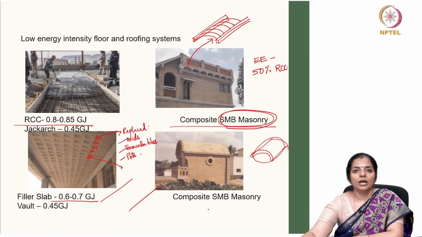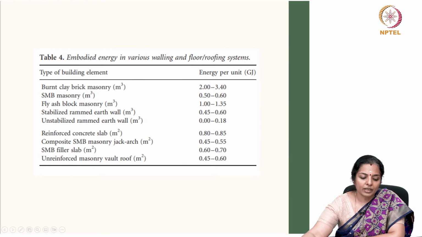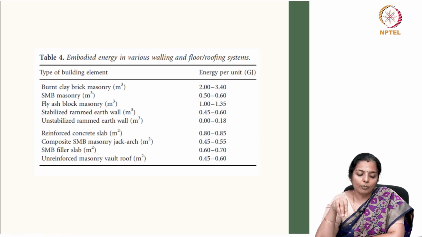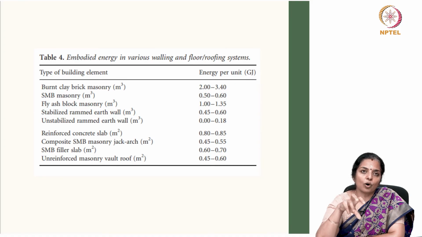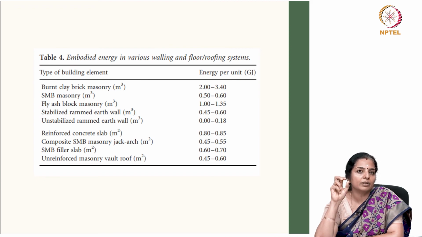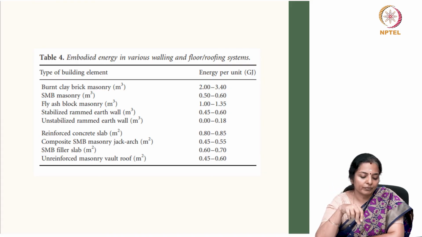So, with this we conclude that embodied energy component in various walling and roofing system is a combination of the building material that is used and the construction technique that is followed.